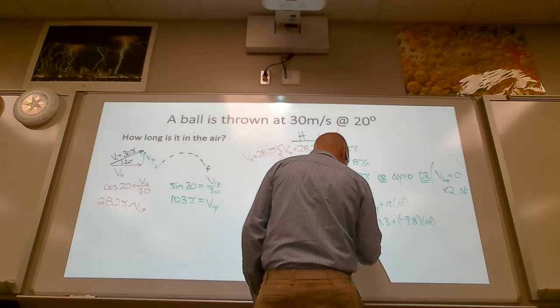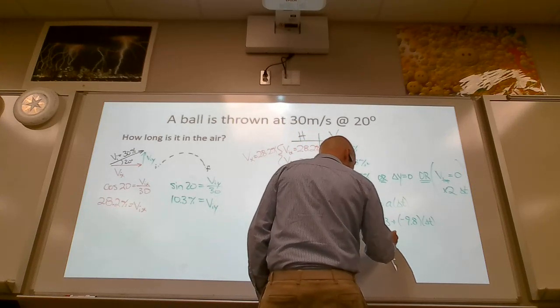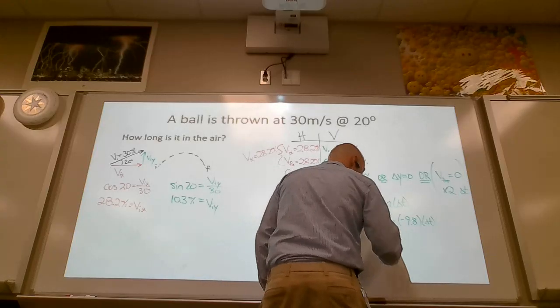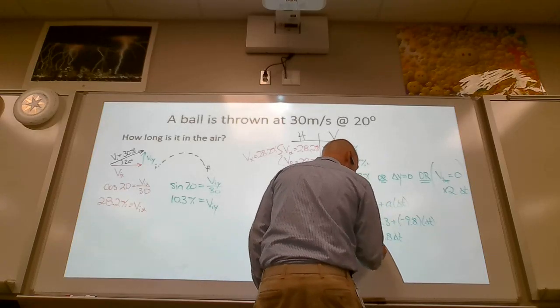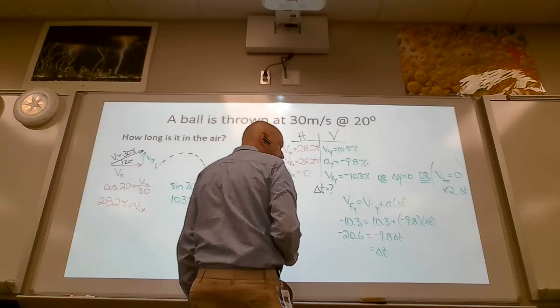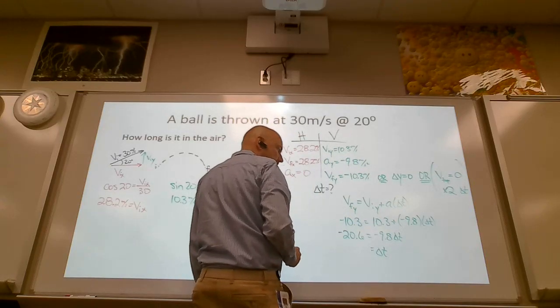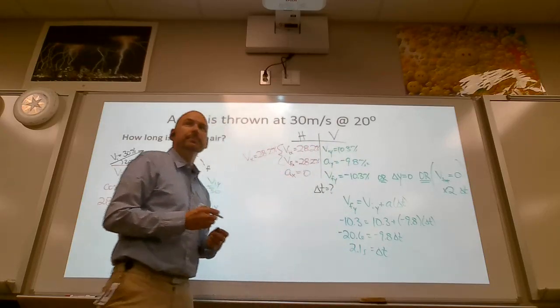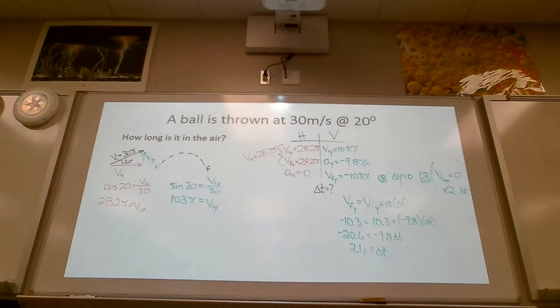So negative 20.6 over 9.8. Your delta t is close to 2. 2.1. Okay? Good with that? Questions there? You see similarities to what we've been doing?